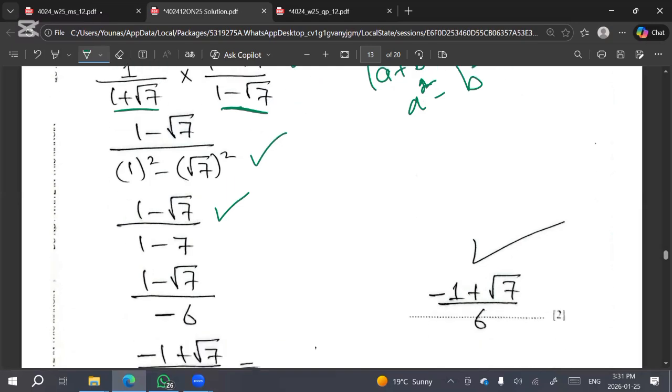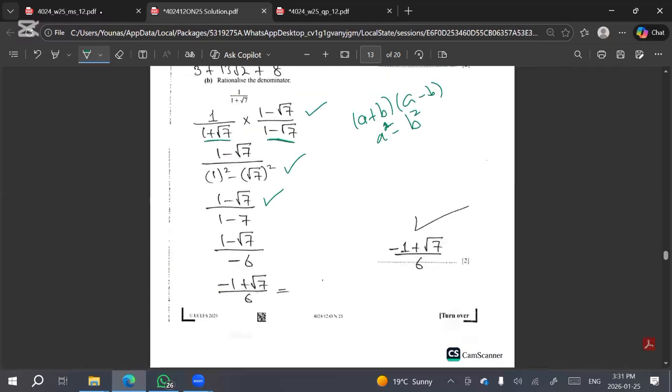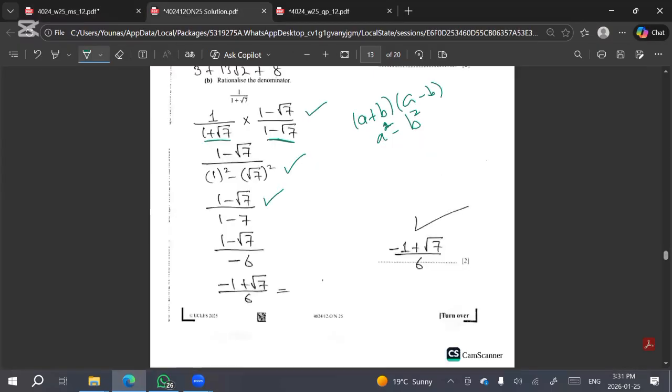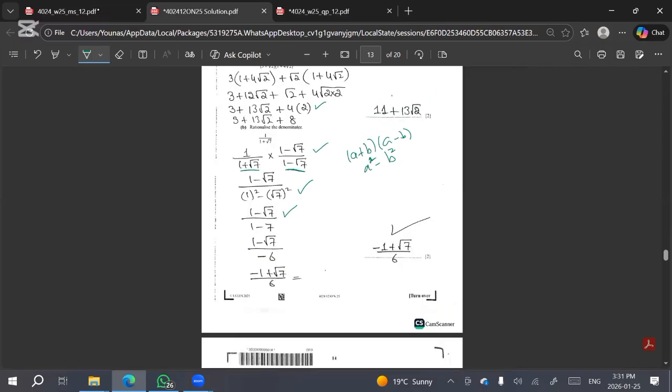So you will have 1 minus under root 7 divided by minus 6. You can give this minus upstairs. So you will have minus 1 plus under root 7, and in the denominator you have 6. So this is how you rationalize it. Let me show you the whole question number 16.